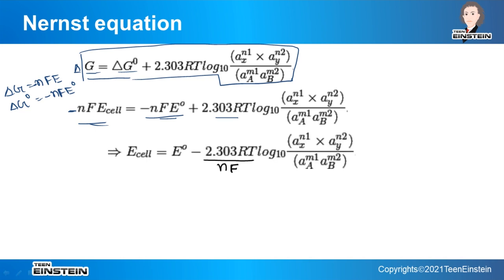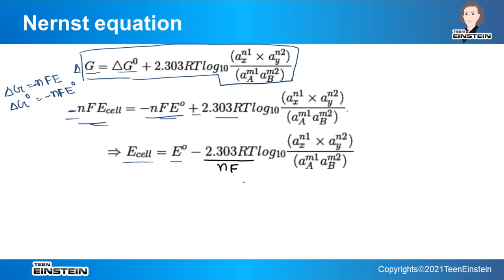So now the equation is changed to this form, and in this form this negative sign is converted to positive. Both sides, suppose we multiply by a negative sign, then ultimately these two will be positive. So E cell is positive, E naught is positive, and this sign will be negative.